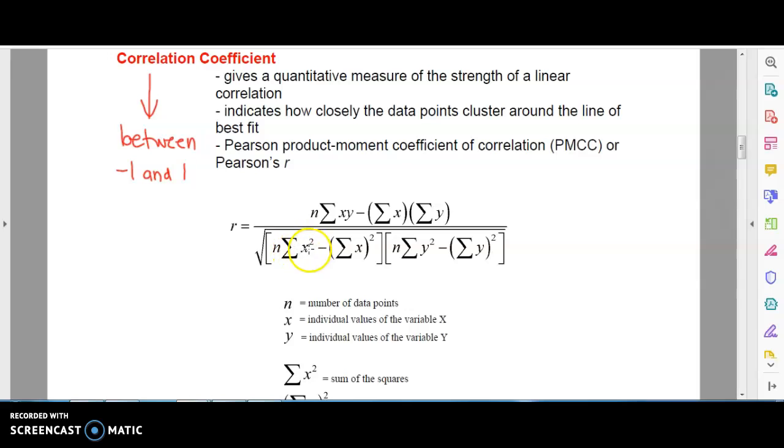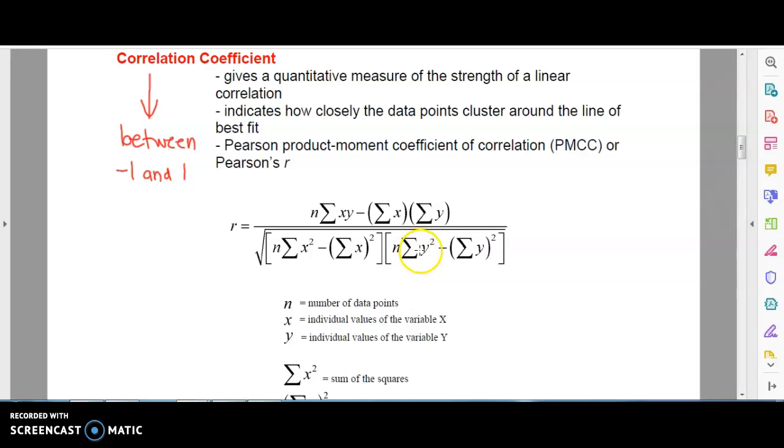So the sum of all your x squareds minus, and now notice the difference here, the sum of x is in brackets and the squared is on the outside. So you take all of your x values, add them together, and then whatever you get as the sum, you square that afterwards. So that's that part.